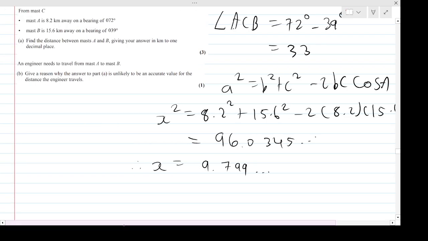Give your answer to one decimal place, so that's going to be 9.8 kilometers to 1 dp. Cool, there we are. So that's the distance between A and B.